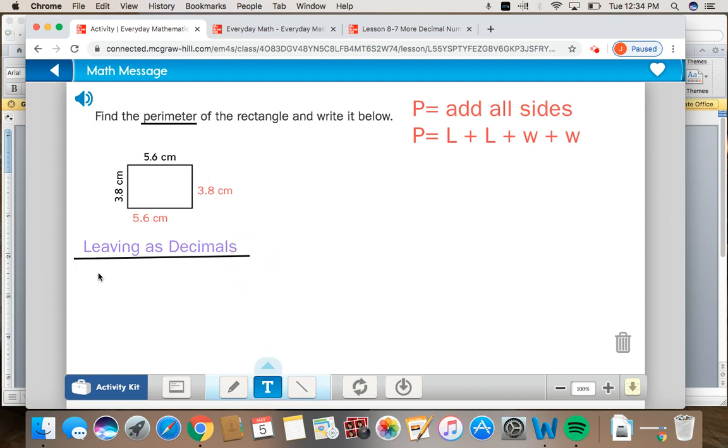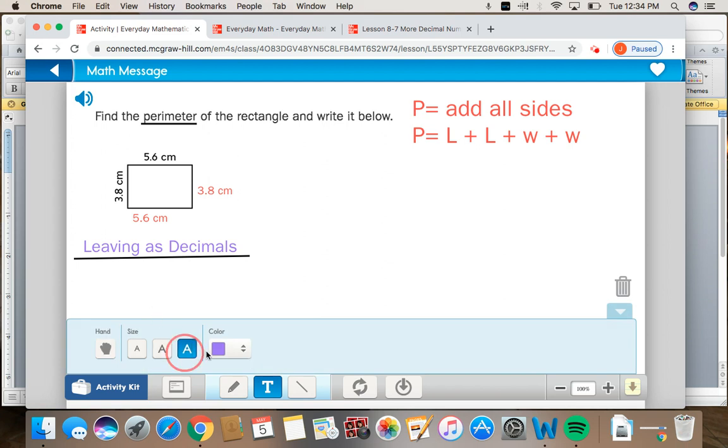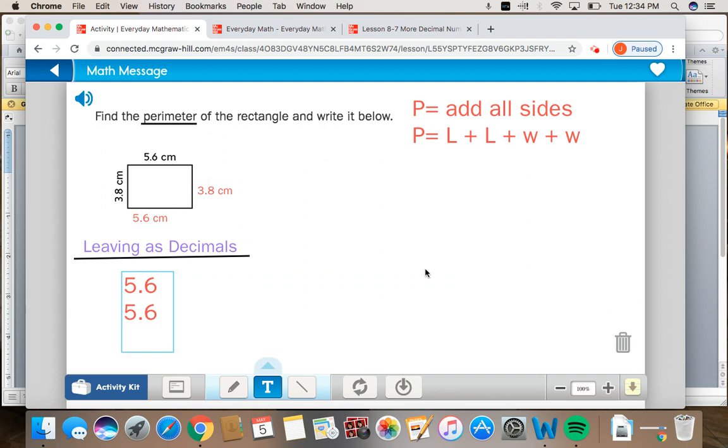I'm going to start with my larger numbers. I'm going to start with my 5 6/10 plus 5 6/10 plus 3 8/10 plus 3 8/10.